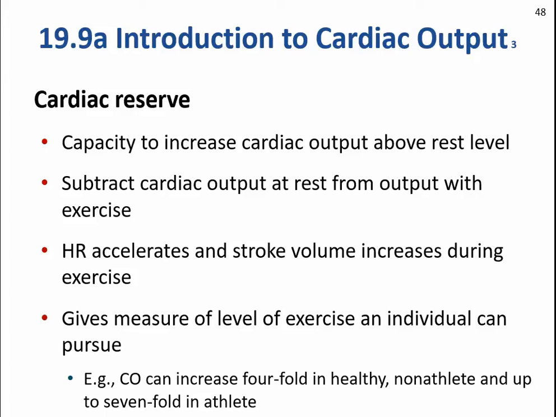And when you think about that, you have 5 liters of blood in your body. Resting is 5 liters per minute. 7 times 5 is 35 liters a minute. So that means that your blood is going through your entire circulatory system 7 times a minute. It's just seconds from your heart to your capillaries and back. Crazy.